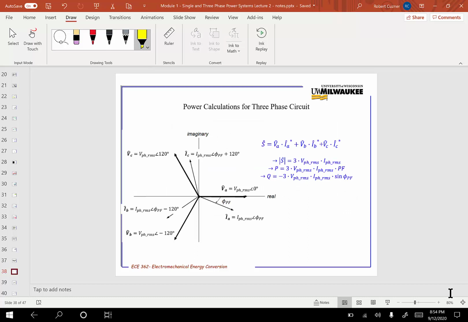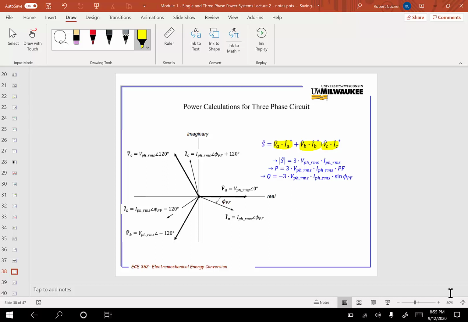Since I also have these 3 phasor representations of the circuits, it follows that I could calculate the apparent power just the way that I showed how to do it with the single phase AC circuit, by taking the phase A voltage times the conjugate of the phase A current, adding to it the phase B voltage times the conjugate of the phase B current, and the phase C voltage times the conjugate of the phase C current.